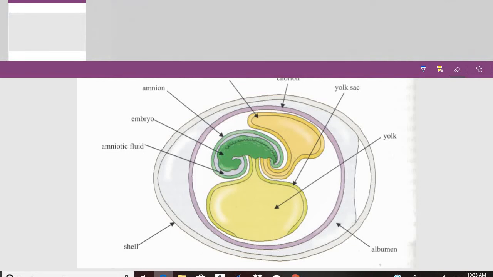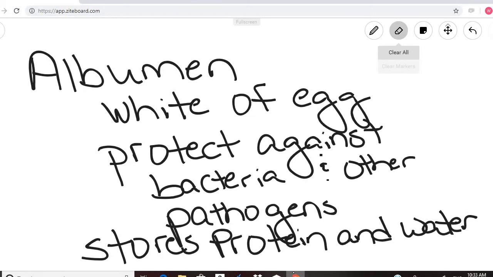Okay, so that is an amniotic egg, and all reptiles have amniotic eggs. Okay, so now we're going to start working our way through some of the different orders.